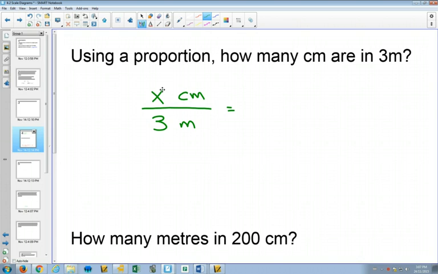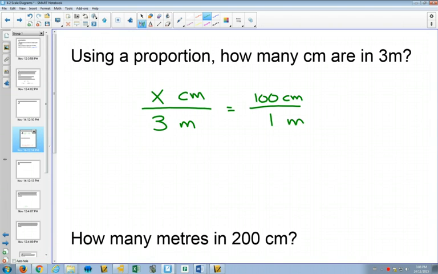Good. So when you set up the other side of your proportion, you put something that you know. You know that there are 100 centimeters in 1 meter. Again, since you put centimeters on the top of one side of the proportion, you put centimeters on top of the other side of the proportion.